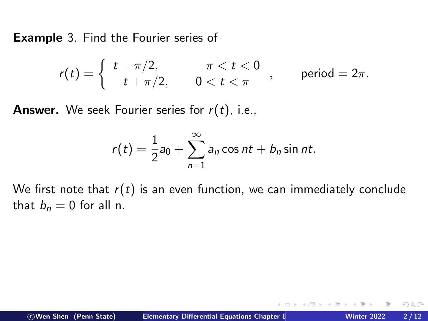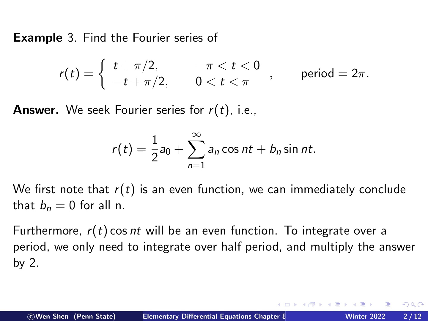We have already done a couple of examples for Fourier series, and we have the observation that if the function is an even function, which this function is, as we can see from the graph we have drawn a while ago, then the even function times the sine function, which is odd, gives an odd product, and then all the Fourier coefficients here will be 0. So we can conclude immediately that all the bn's will be 0 for all n.